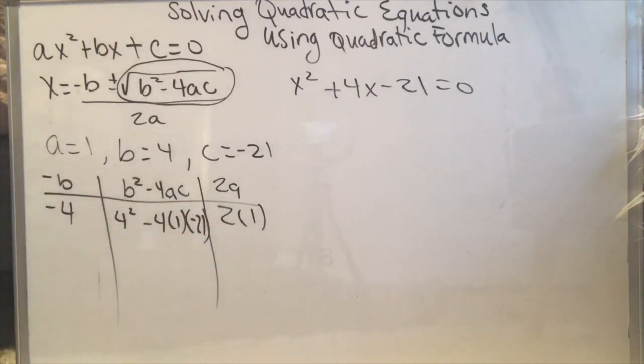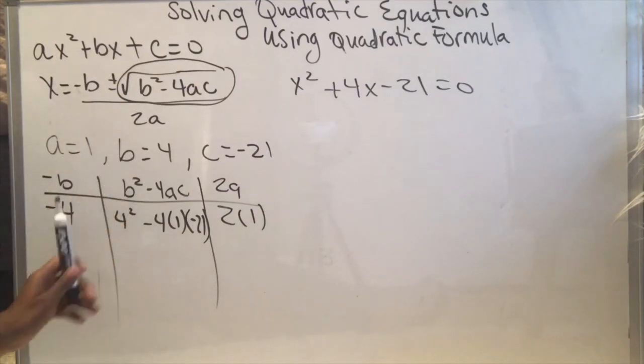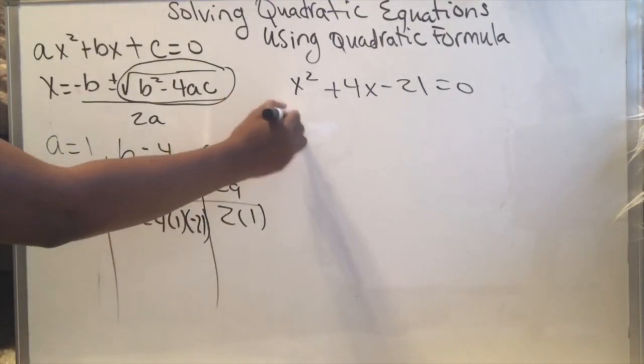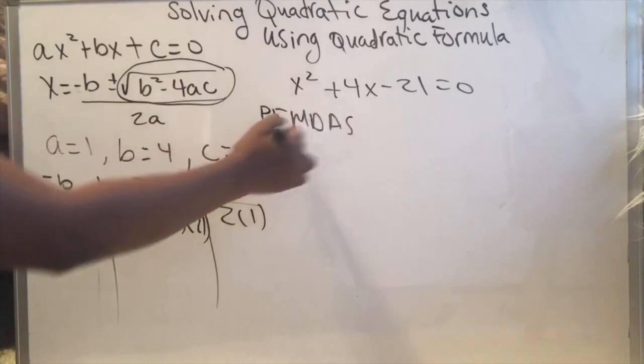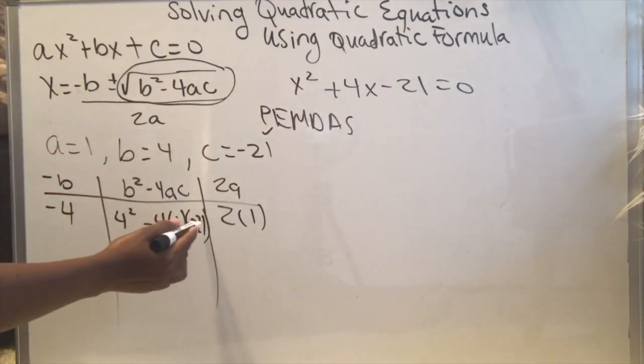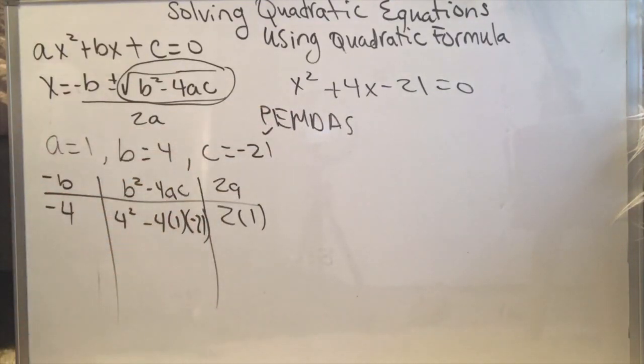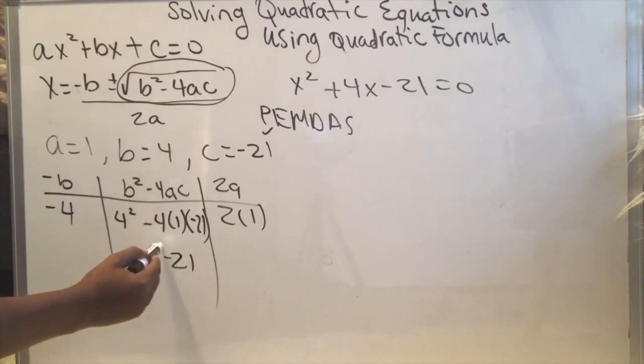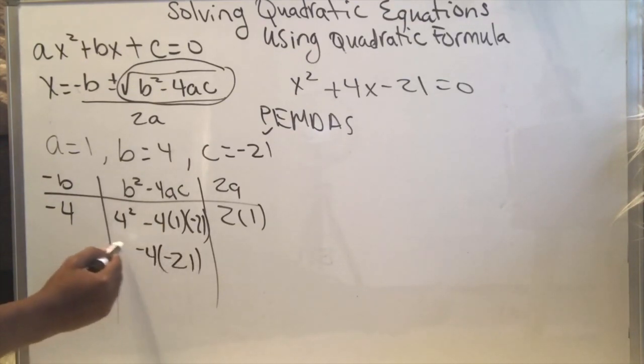All right. So now that we have that written down, we will now do our PEMDAS because it's already set up. P-E-M-D-A-S. Do we have any parentheses? Yes. 1 times negative 21 is negative 21. Times 4 minus 4 squared.